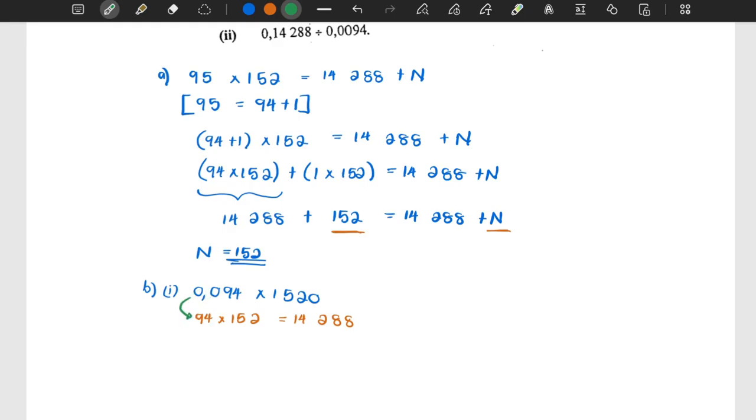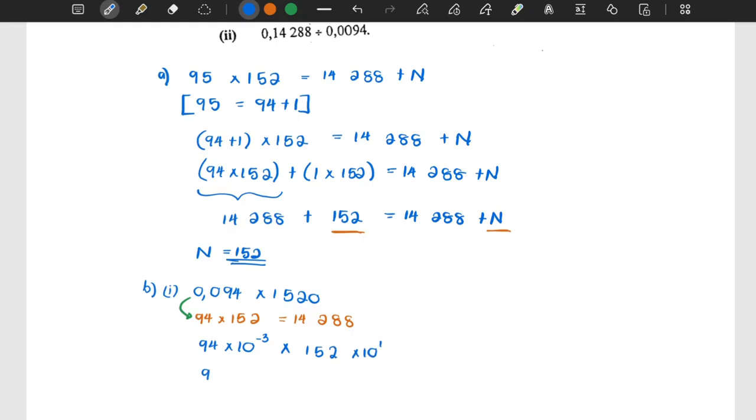Because that's what we know. So 0.094 is the same as saying 94 times 10 to the power minus 3, and 1,520 is the same as saying 152 times 10 to the power 1, right?